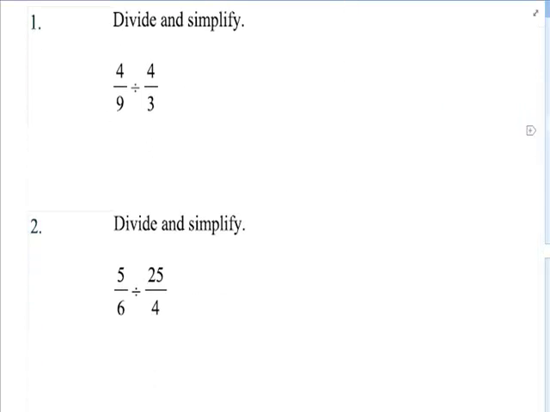Okay, first problem. The original problem is 4/9 divided by 4/3. So if I'm going to do keep, change, flip, I'm going to keep 4/9, change to multiplication, flip or use the reciprocal of the second fraction.